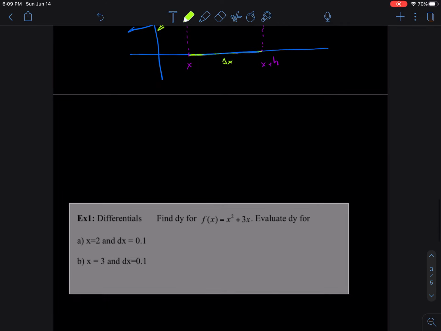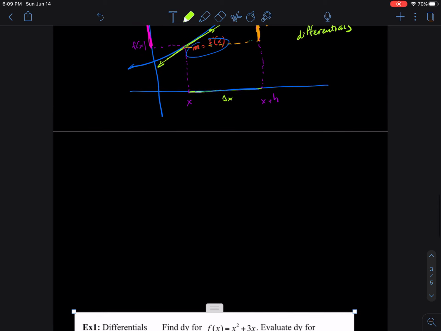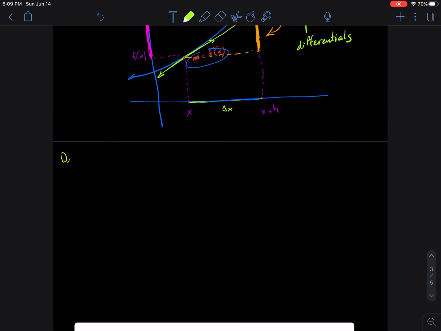Let me write down here the formal definition. Differentials.